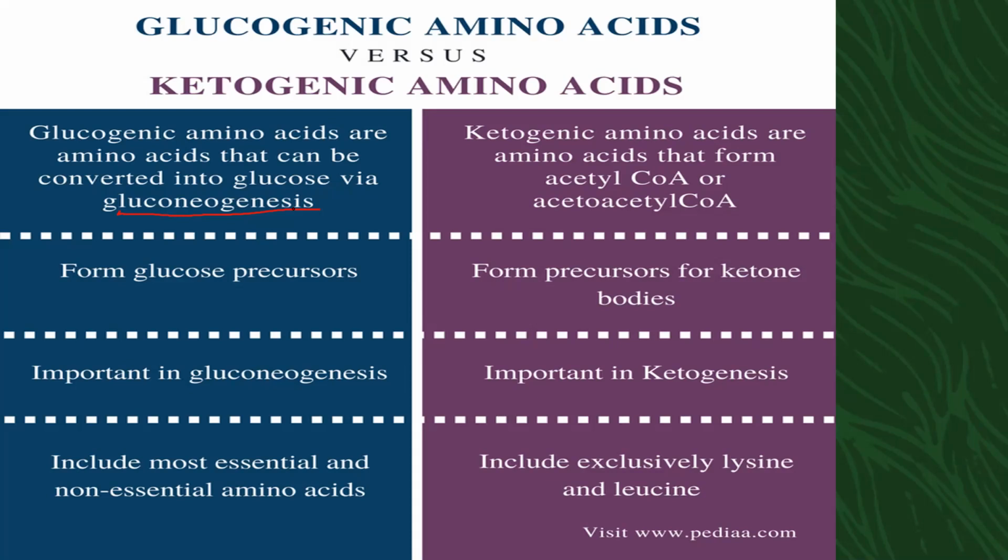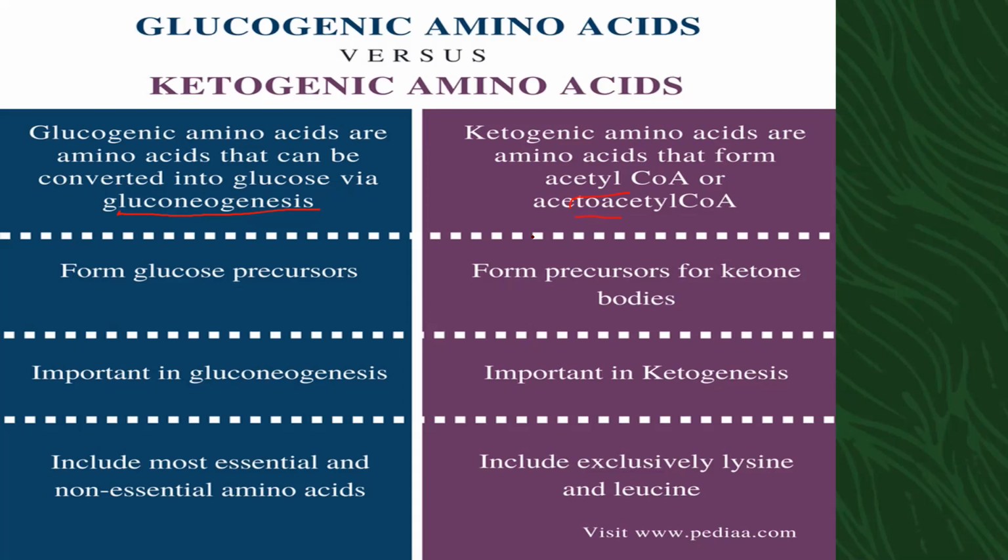Examples of our ketogenic amino acids include leucine and lysine. Leucine and lysine are two amino acids that can be considered ketogenic. Therefore, their metabolism will give you acetyl-CoA and acetoacetyl-CoA.